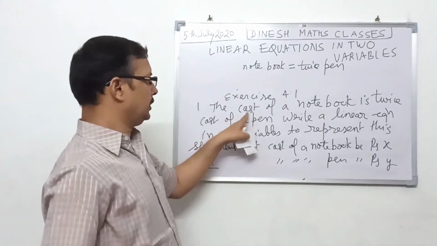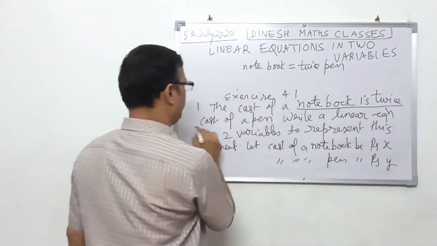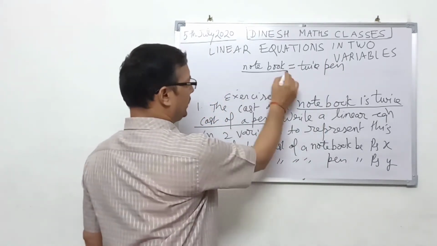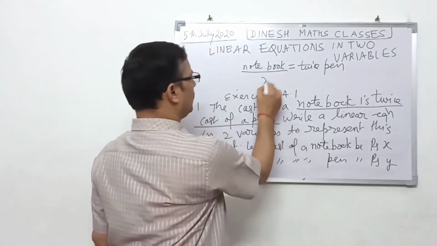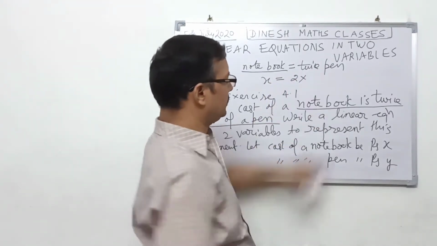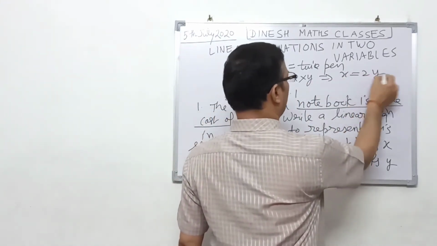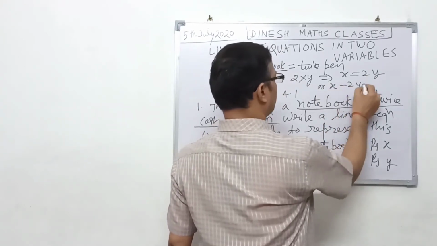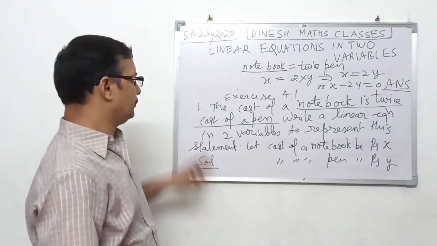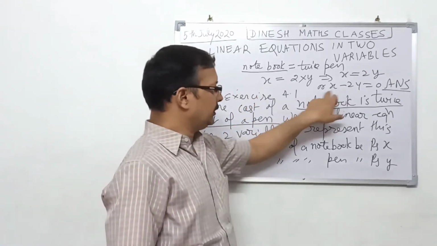Just changing the statement in this way. Notebook is twice the pen. Twice means multiplied by 2. So in place of notebook, write its cost price x, is equal to twice, that means 2 times the cost of a pen, which is y. This implies x equal to 2y or x minus 2y equal to 0. This is the required equation. So this way, this statement has been converted to a linear equation in two variables.